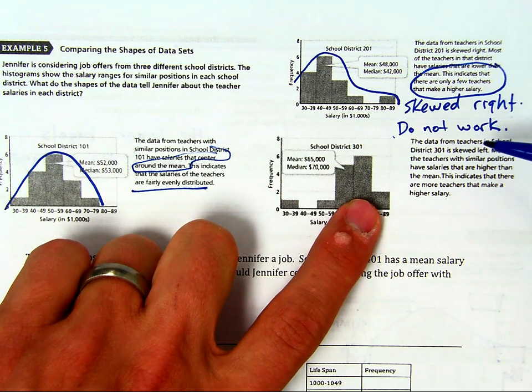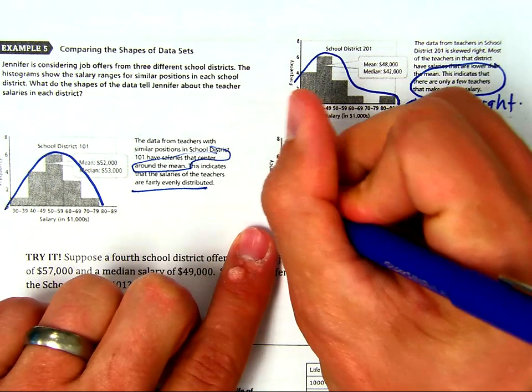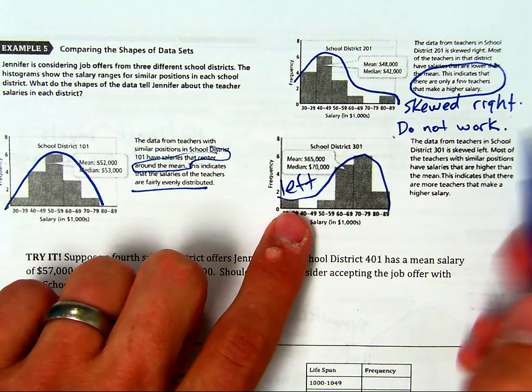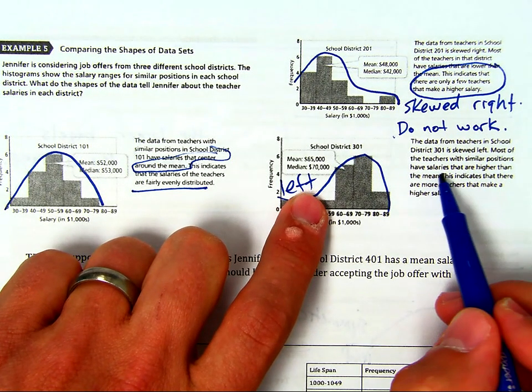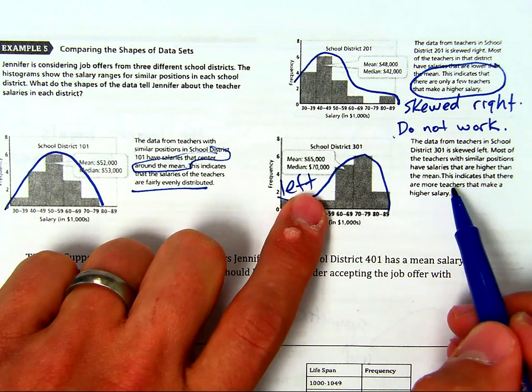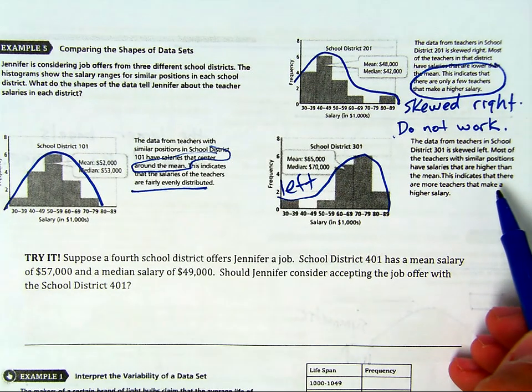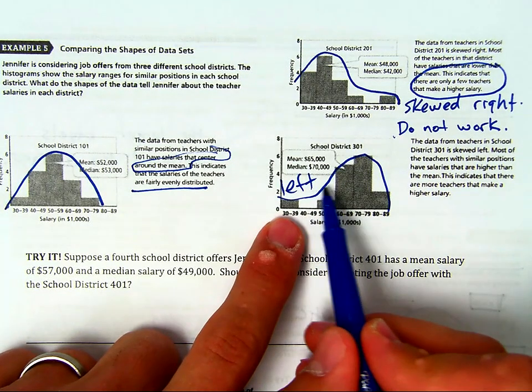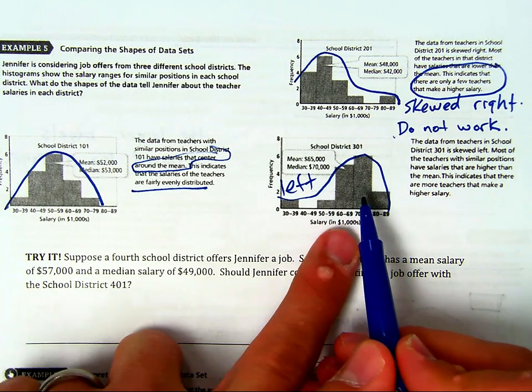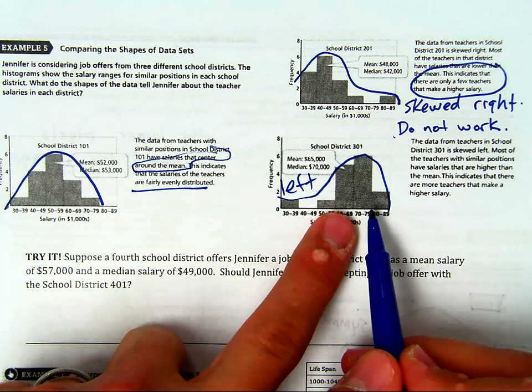Okay, so we can say it's skewed left. And most of the teachers with similar positions have salaries that are higher than the mean. This indicates that there are more teachers that make a higher salary. So this one might be where the new teachers make less, but as you get experience, they make more and more. So she may want to work here or may want to work here, but this one may not be as good.